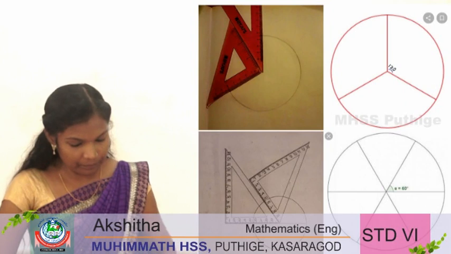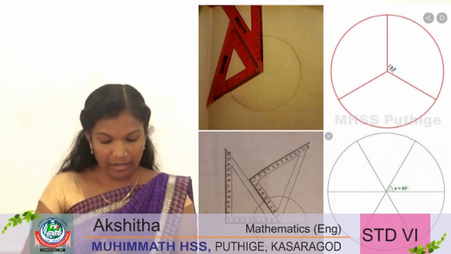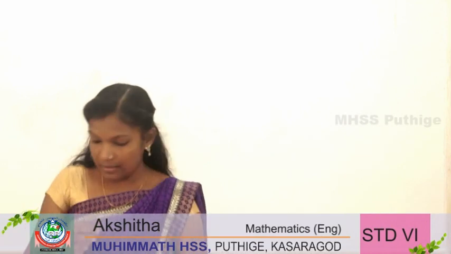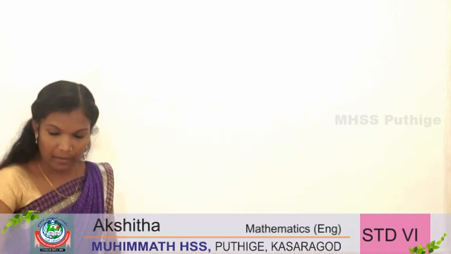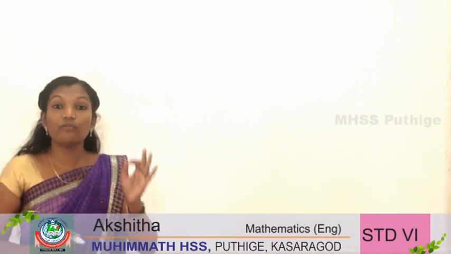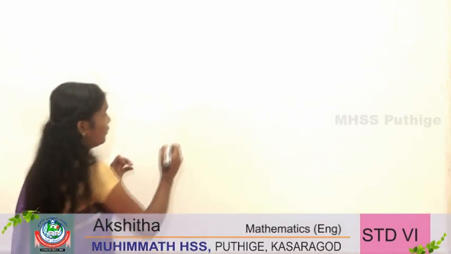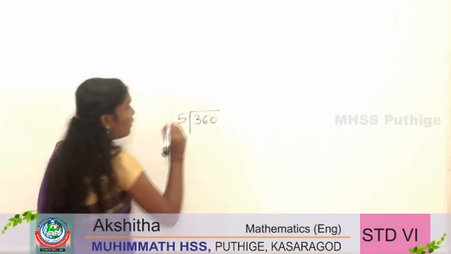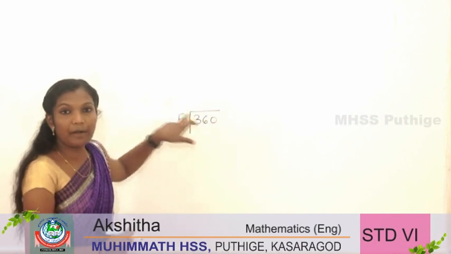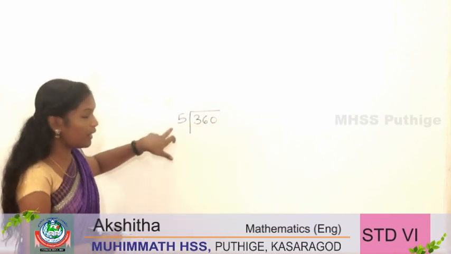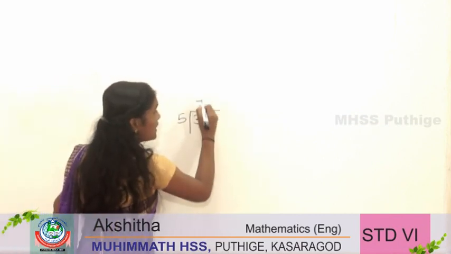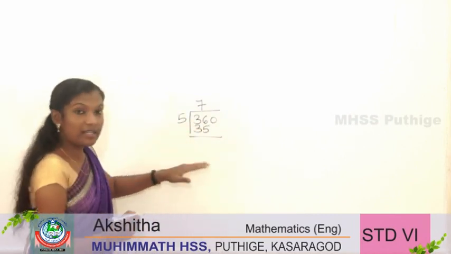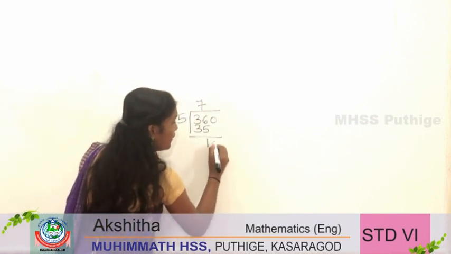Is it clear now? Okay, now how can we divide the circle into 5 equal parts? See, let us see that. When we divide the circle into 5 equal parts, we have to divide 360 by 5. 5 7 times 35. 36 minus 35 is 1.